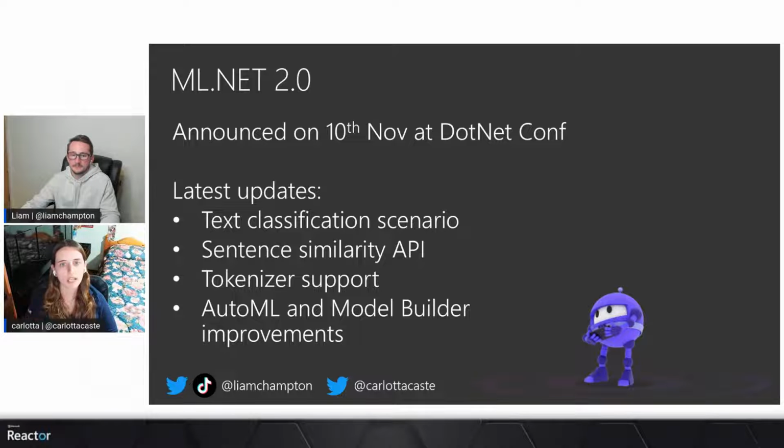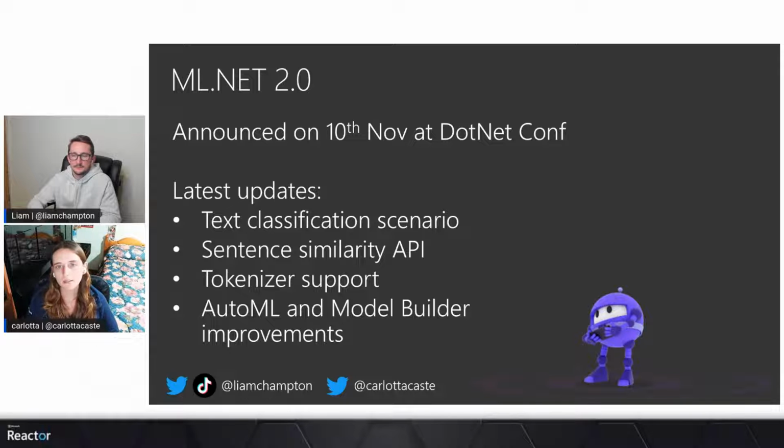Text classification and sentence similarity are actually enabled by tokenizer support, because tokenization is a data processing technique which enables natural language processing scenarios like sentence similarity and text classification.